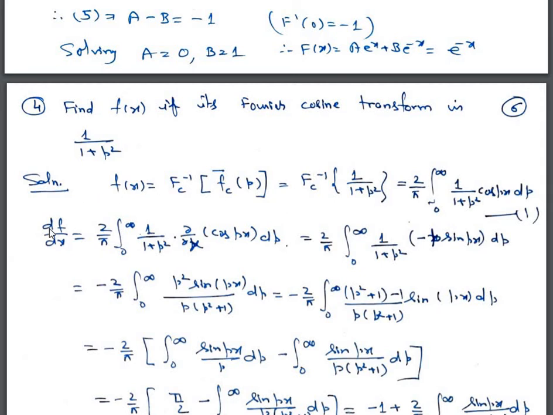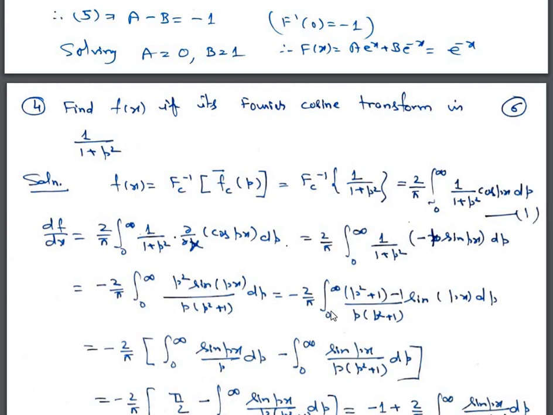Differentiating with respect to x, df/dx is 2 upon pi integral 0 to infinity 1 upon 1 plus p square times del over del x of cos px, which is minus p sine px. Now multiply and divide by p, so df/dx is minus 2 upon pi integral 0 to infinity p square sine px upon p into p square plus 1.